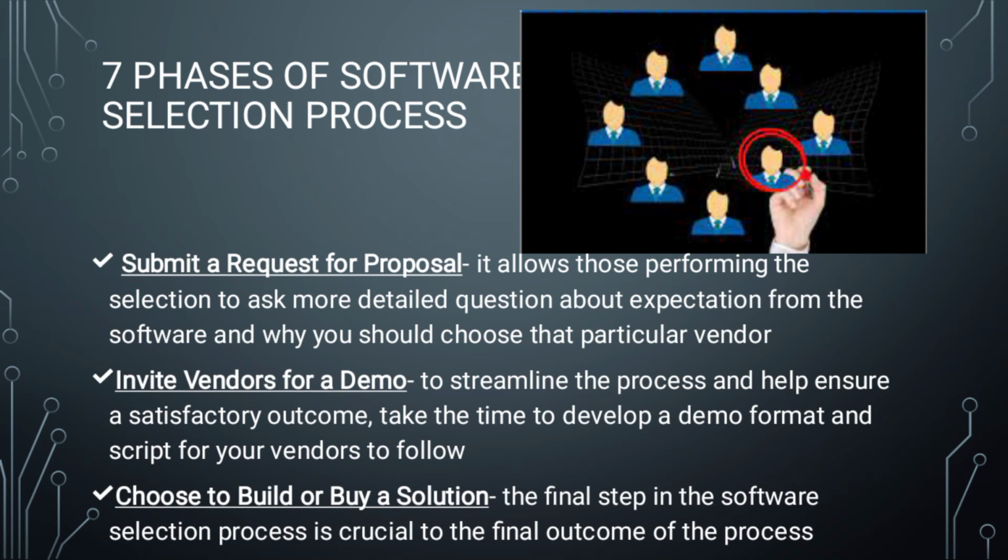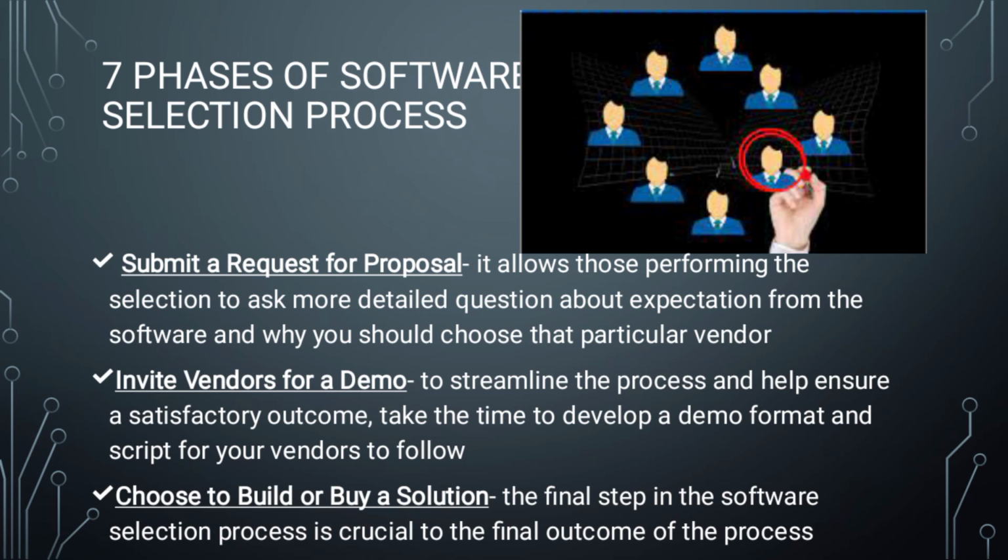While an RFI provides companies with basic information about a software vendor, an RFP provides a more detailed breakdown of a vendor's software. Once you get to this phase in the process, you should have just three vendors left on your list. This phase allows those performing the selection to ask more detailed questions about expectations from the software and why you should choose that particular vendor.